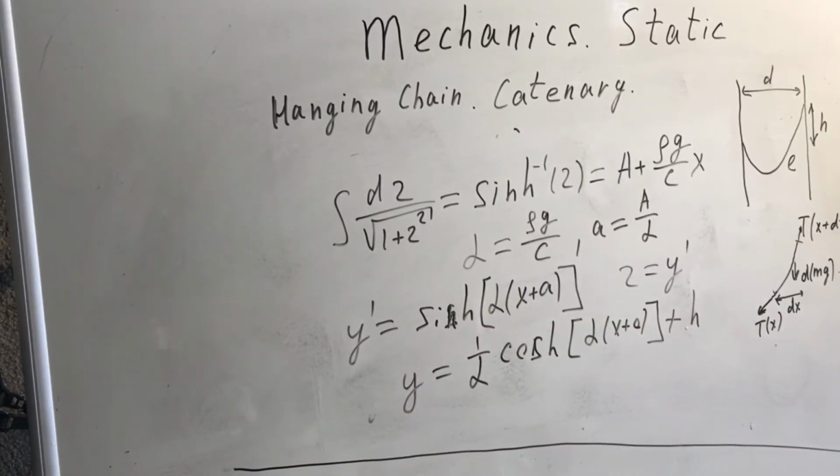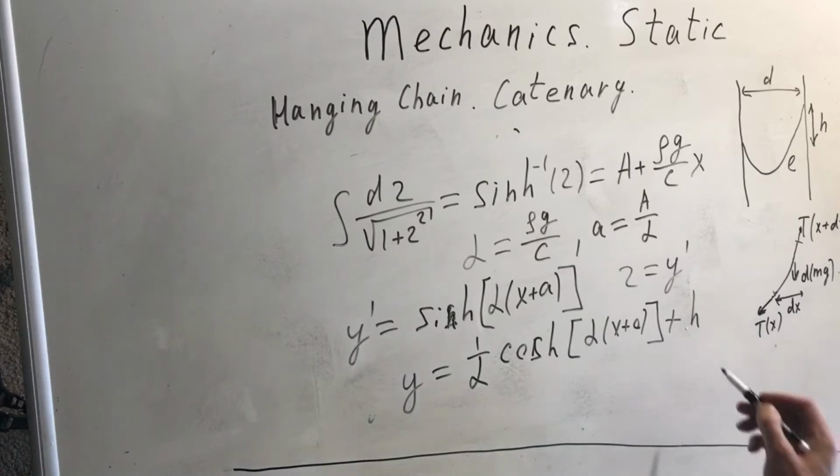So we just found that our curve looks like a hyperbolic cosine, and we can imagine that this cosine has its minimum exactly at the point x equals 0, and we can let h equal 0.